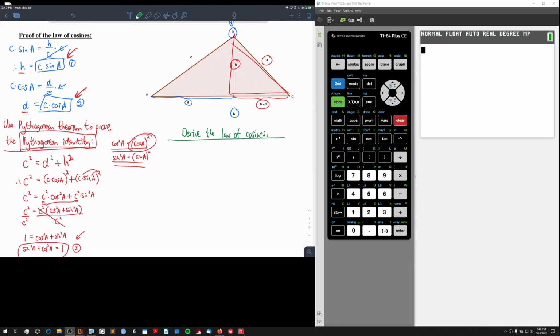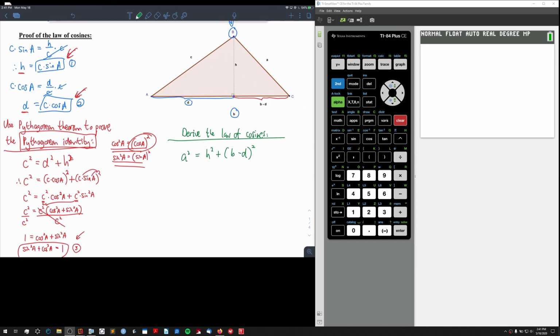So I'm going to say a squared equals h squared plus (b minus d) squared. So this side squared equals this side squared plus that side squared. And that's my Pythagorean theorem for this little triangle.